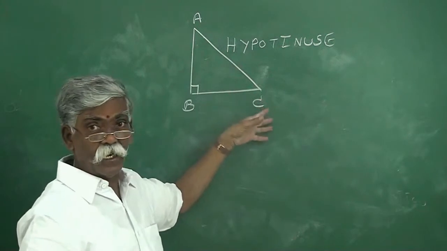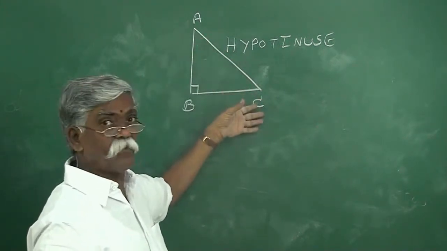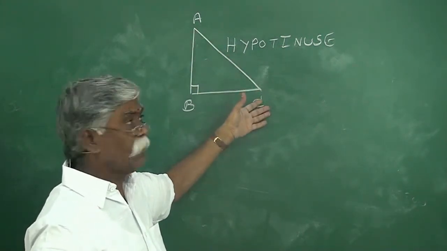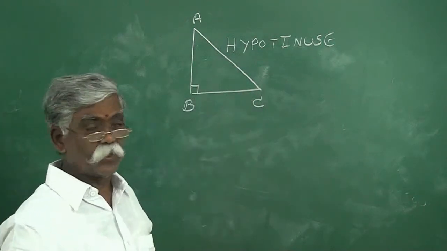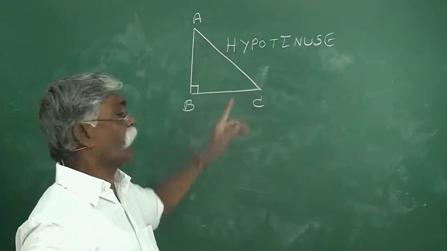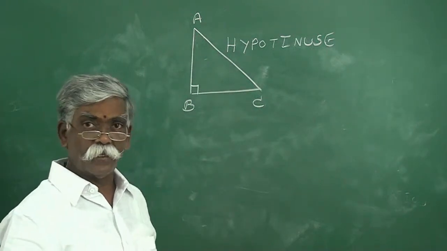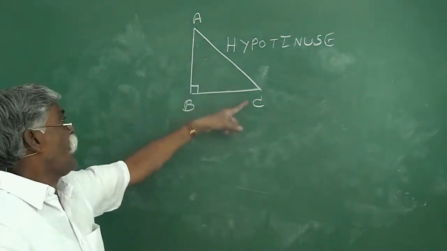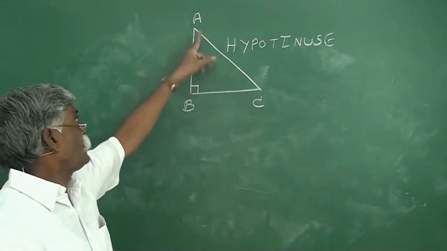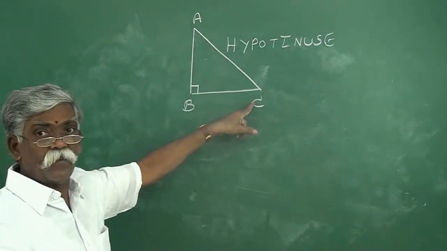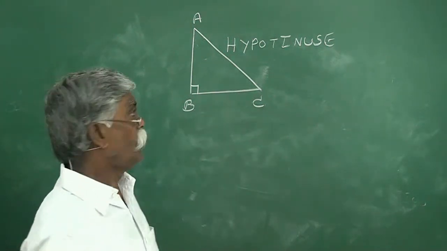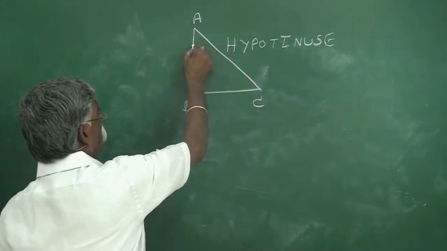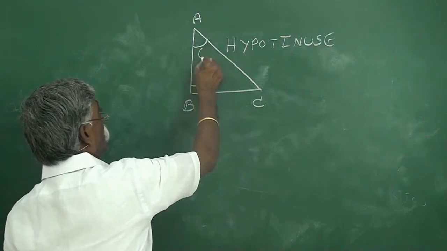The sum is 90, means 45, 45, 60, 30, 70, 20, 10 and 80, like this. So therefore, sum of these two angles is 90. When the sum of these two angles is 90, each of these two angles, either A or C, is an acute angle. Suppose if we take this acute angle as theta.